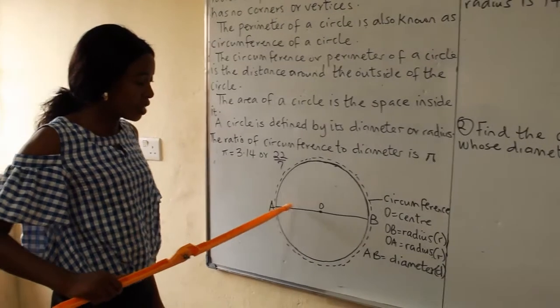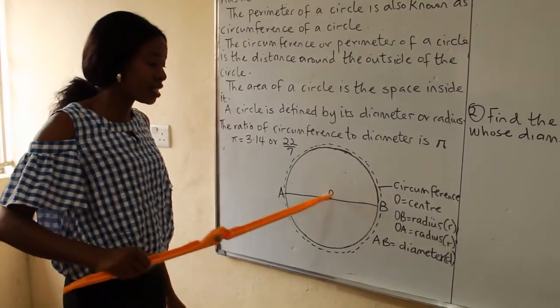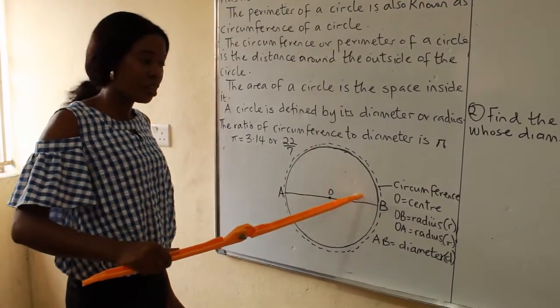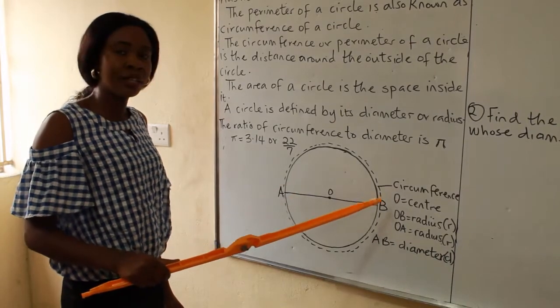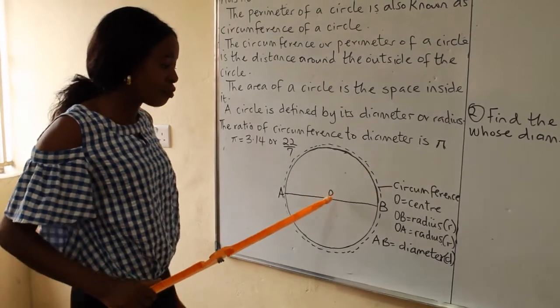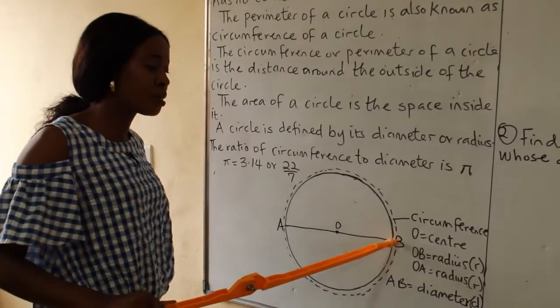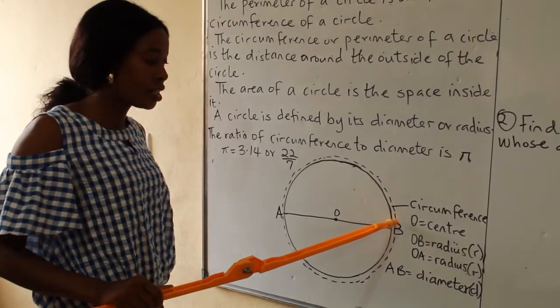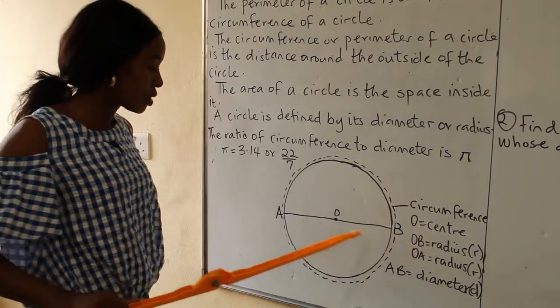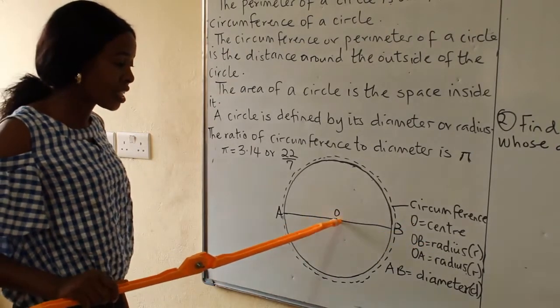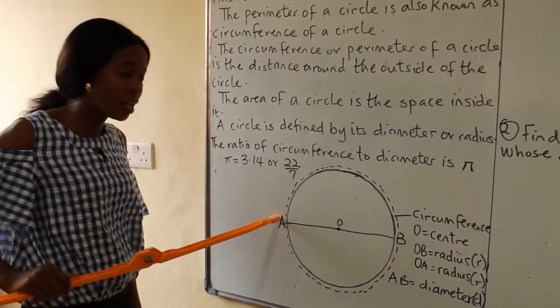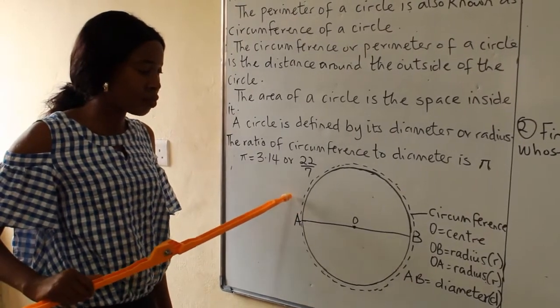This line that passes through the center of the circle is referred to as the diameter, and from the center of the circle to this point B is known as the radius.